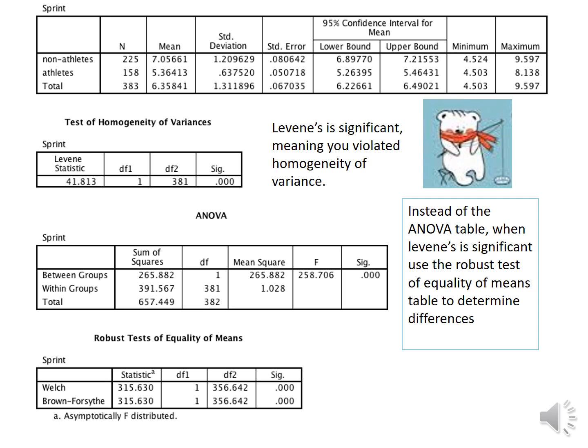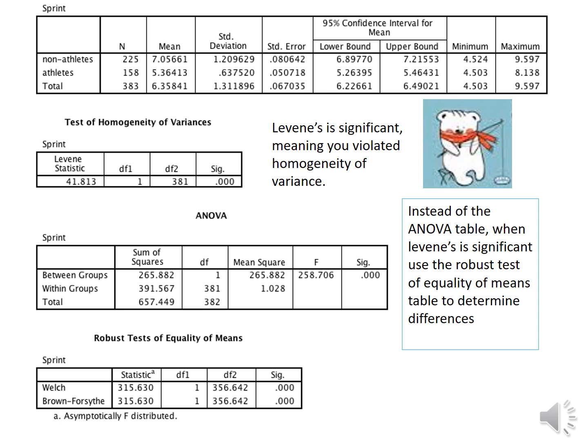If that's the case, we go to the robust test to check if the athletes indeed significantly differ in their sprint time from the non-athletes. We do not use the ANOVA table in this situation.